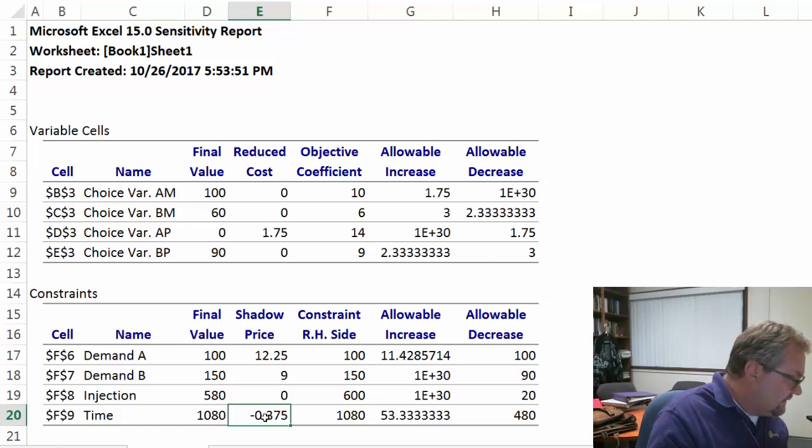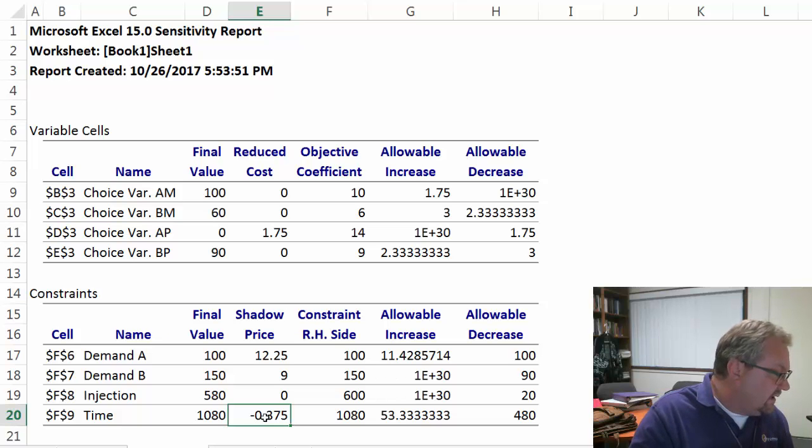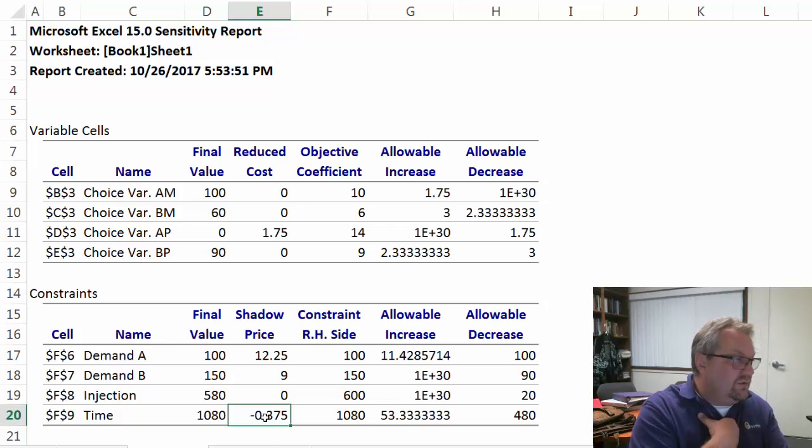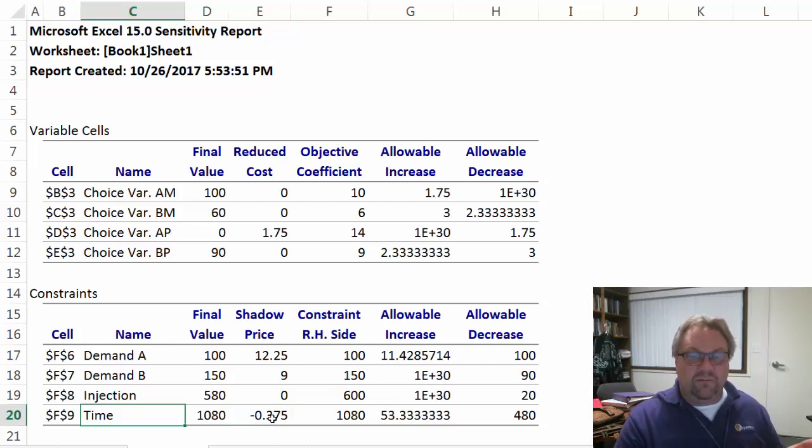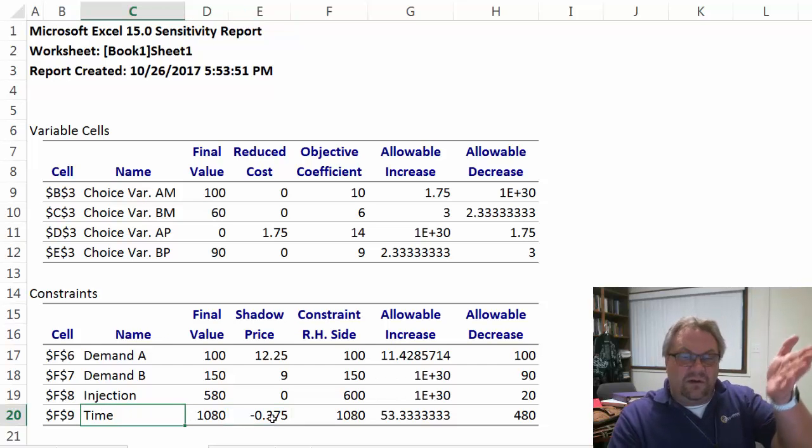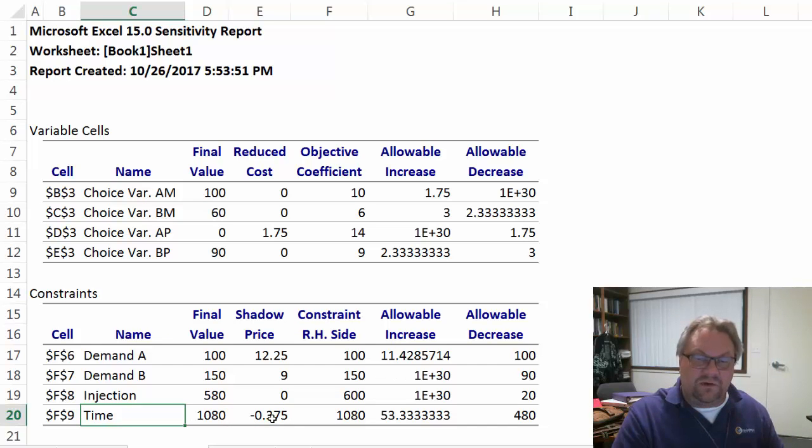All right, so that is the interpretation. If you could change the right-hand side of one constraint by 1 unit, which one would you choose and why? I would choose assembly time because by increasing that 1 unit, my minimum cost would decline by 38 cents. All right, so there you go. There is problem 16 in chapter 3.